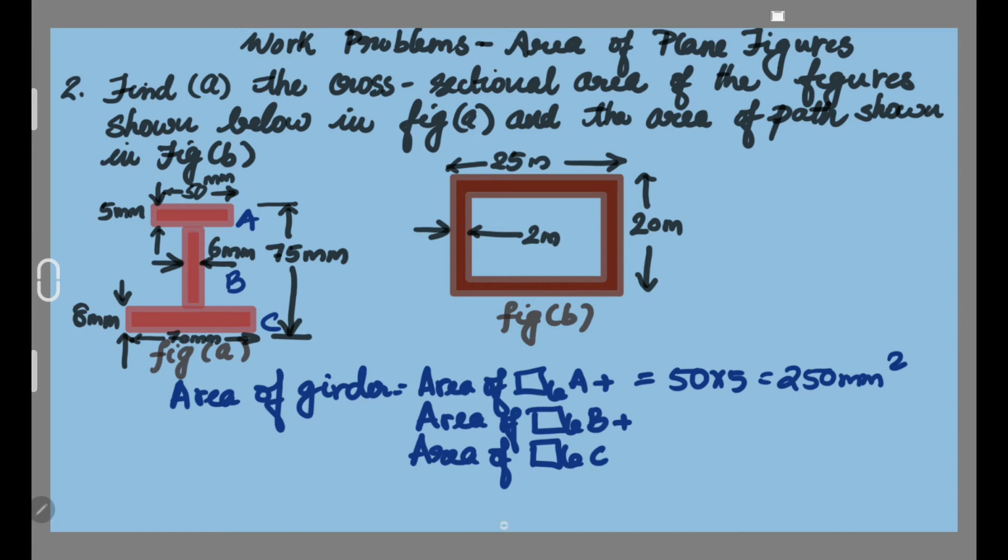Now let's find the area of rectangle B. Rectangle B, length is not given, but the breadth is given as 6 millimeter. The total length of the girder is given as 75.